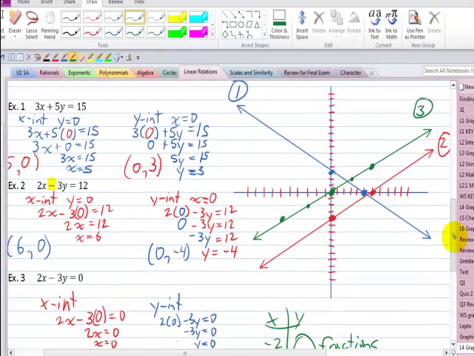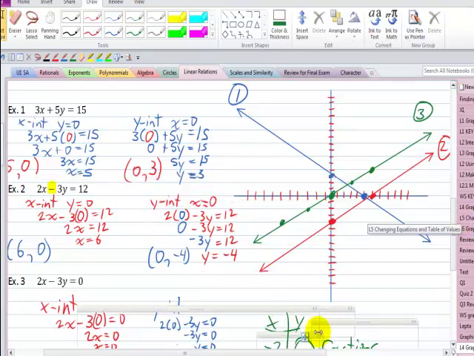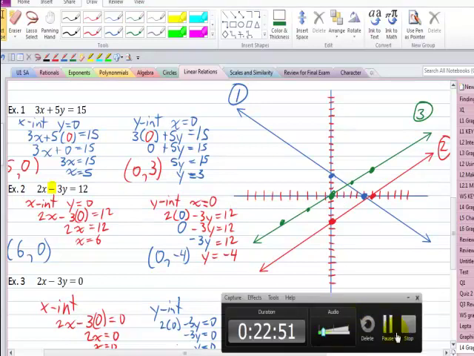Good. Okay, so there's line 3 graphed. Any questions? Now line 3 is a big exception.